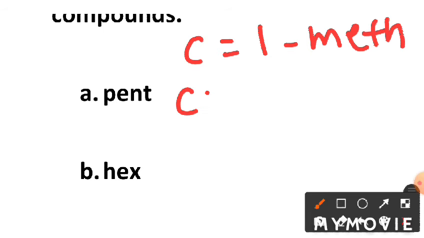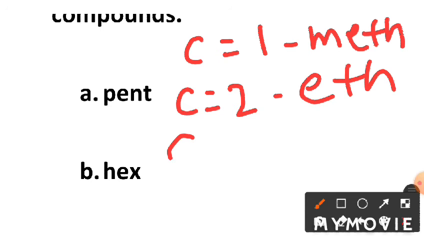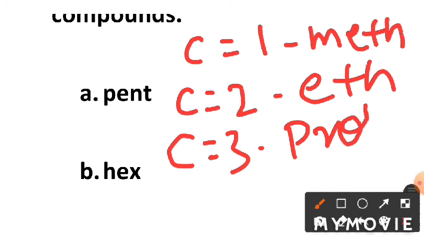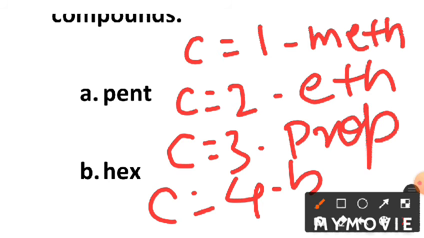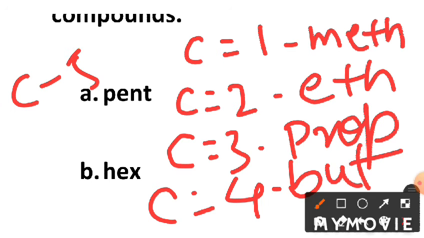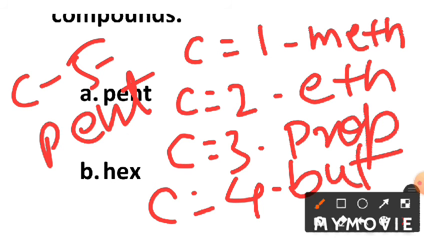If carbon is 2, then eth. If carbon is 3, then prop. If carbon is 4, then but, and carbon 5 is known as pent. In this way, we easily derive the root word from the given options.